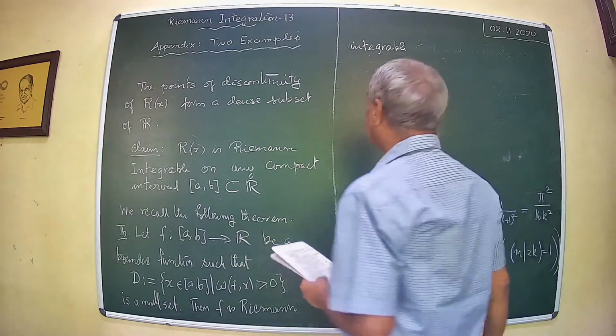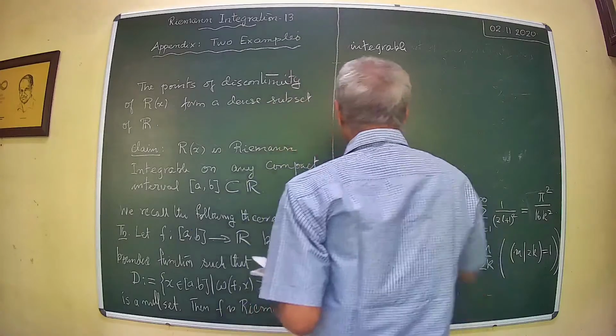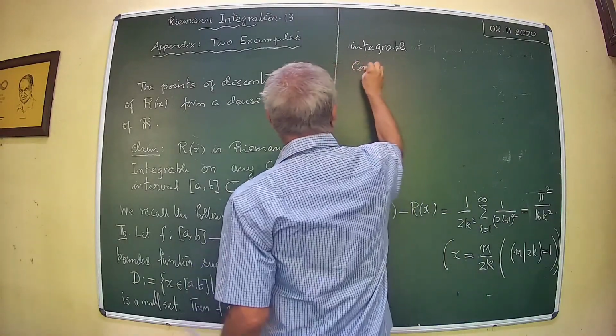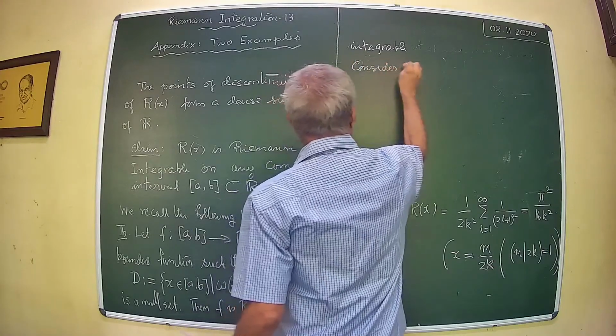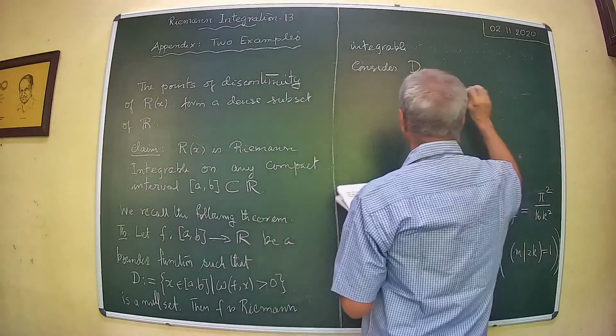We look at the following set D epsilon. D epsilon is the set of all points where the magnitude of discontinuity is at least epsilon, for some epsilon positive.